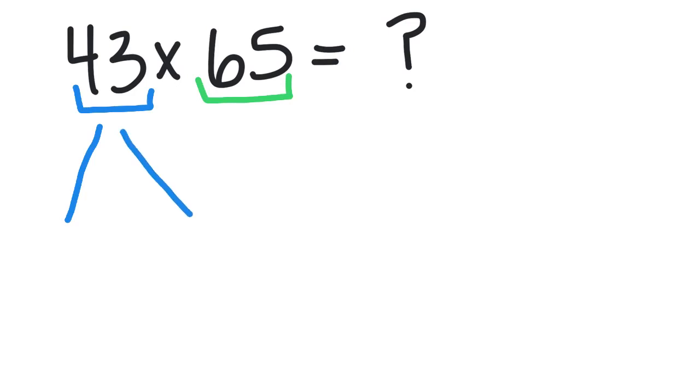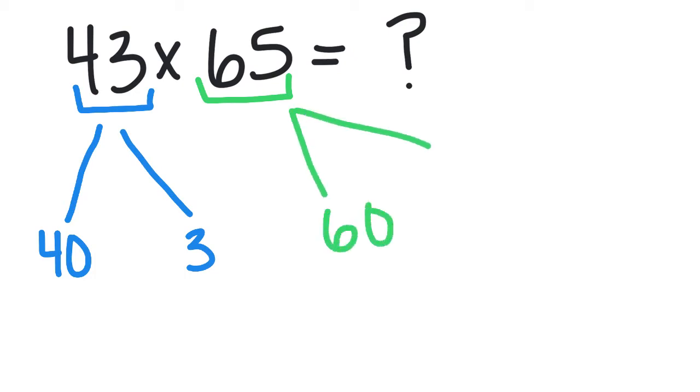So 43 split into its place values would be 4 tens or 40 and 3 ones. And also for 65, if I was going to split that up, I would get 6 tens or 60 and 5 ones or 5.